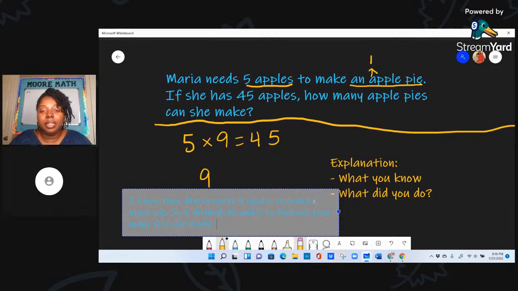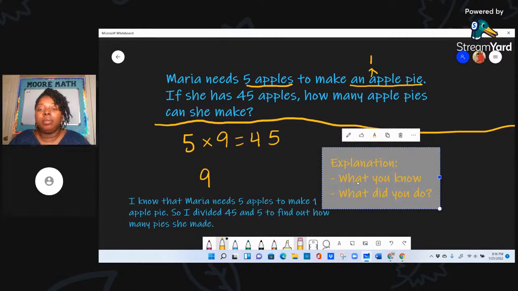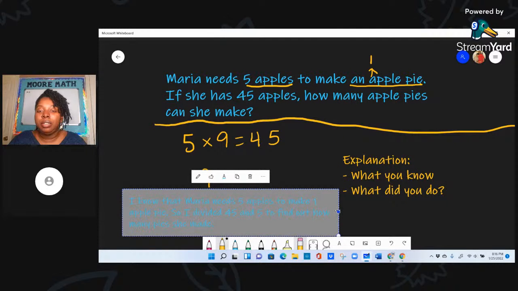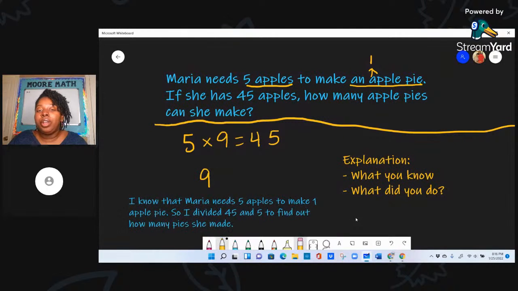That's it. Okay, so when we're asking you for your explanation, we just want to know that you know that this is a division problem and you know that what I underlined was important information. So step one, give me the important information. I know that Maria needs 5 apples to make 1 apple pie.